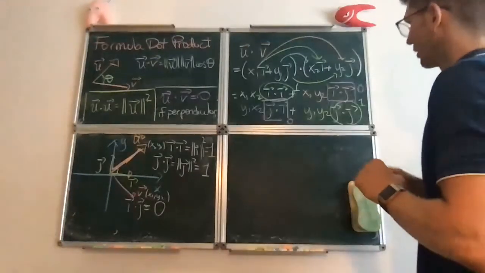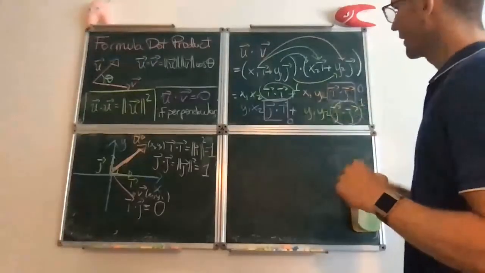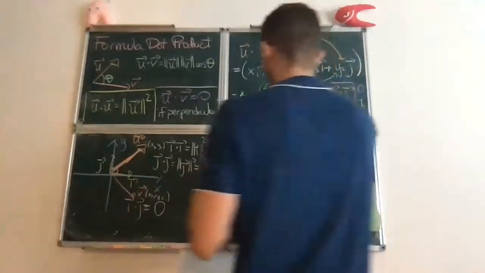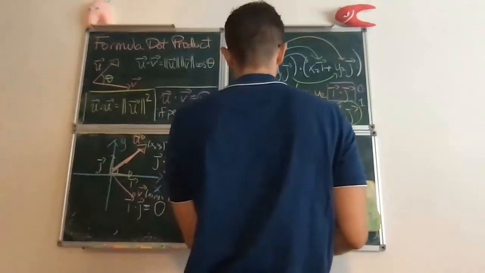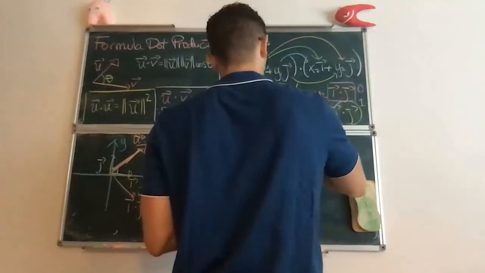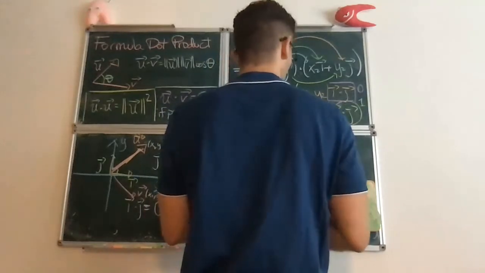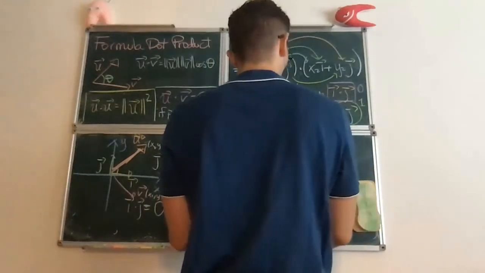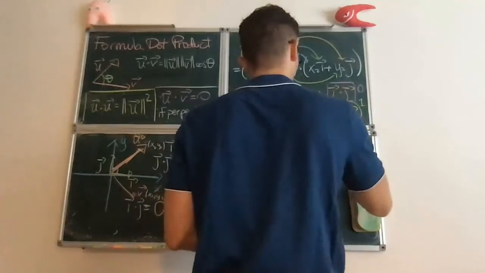And so this goes away, and you end up with x1 x2 plus y1 y2.